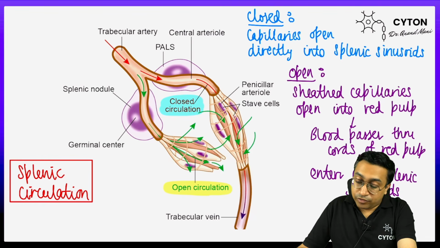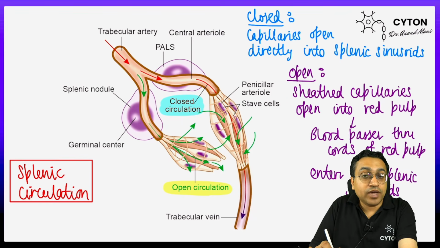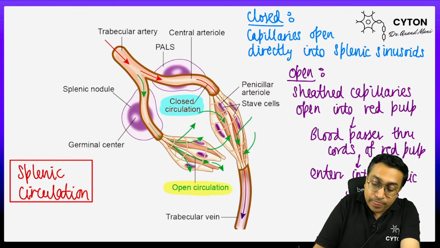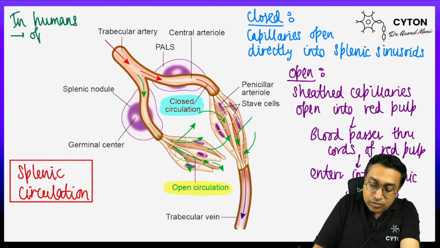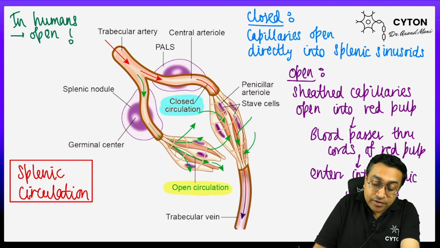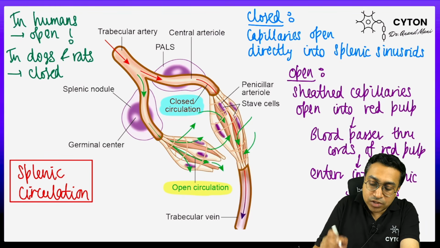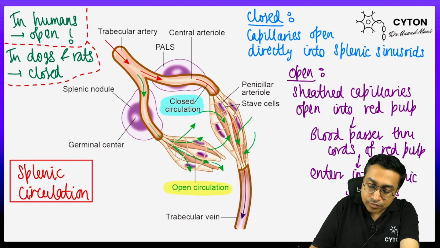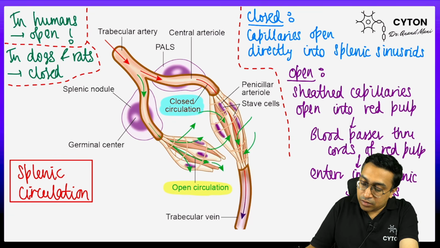For your remembrance, in humans we have only open circulation in the spleen, whereas in dogs and rats we have the closed circulation.